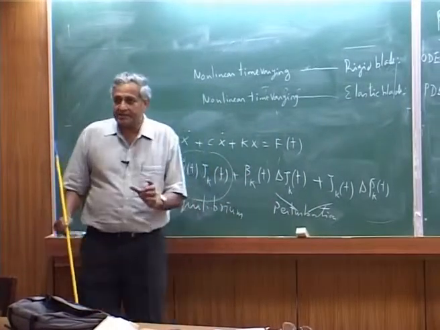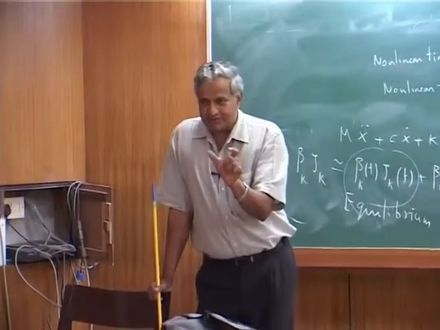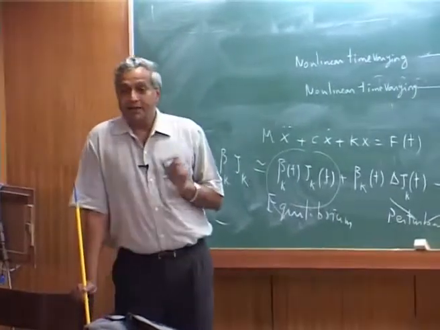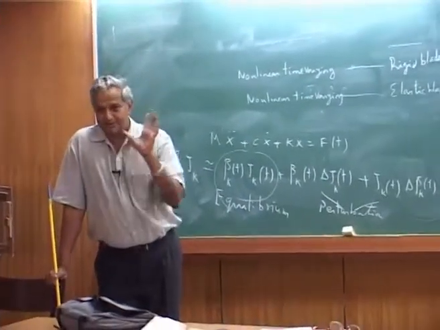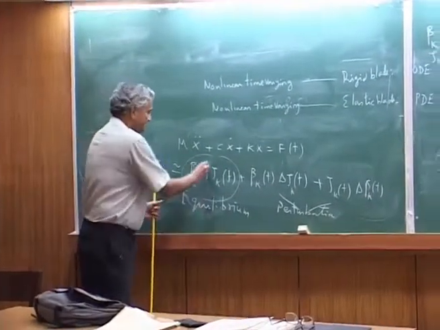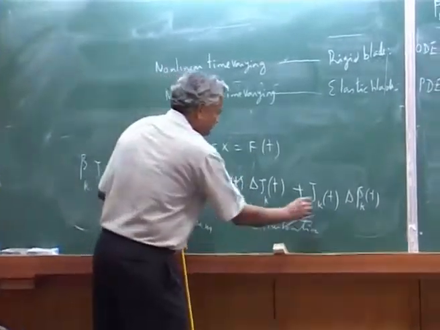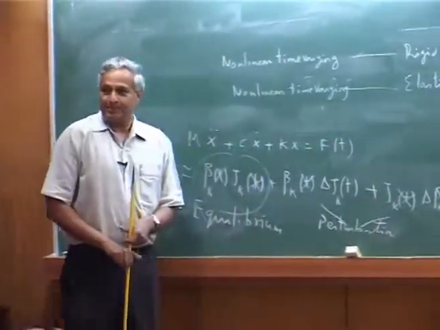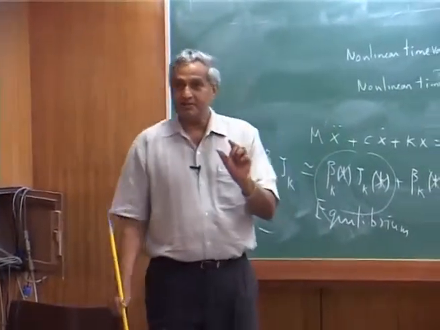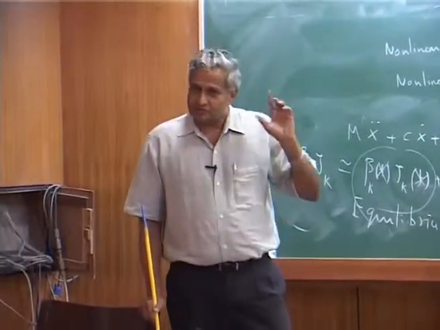Now if you take the case of hover, the hovering condition, then the ODE will become nonlinear algebraic equations. That means this time will not come. So you will have a nonlinear algebraic equation, flap-lag in hover. You solve that.